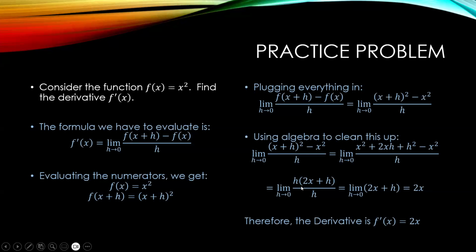And then we can cancel the h in the numerator and the denominator, leaving 2x plus h. As h goes to 0, that leaves us with 2x. Therefore, the derivative is f prime of x equals 2x. That expression 2x tells us the slope at every single point on the curve.